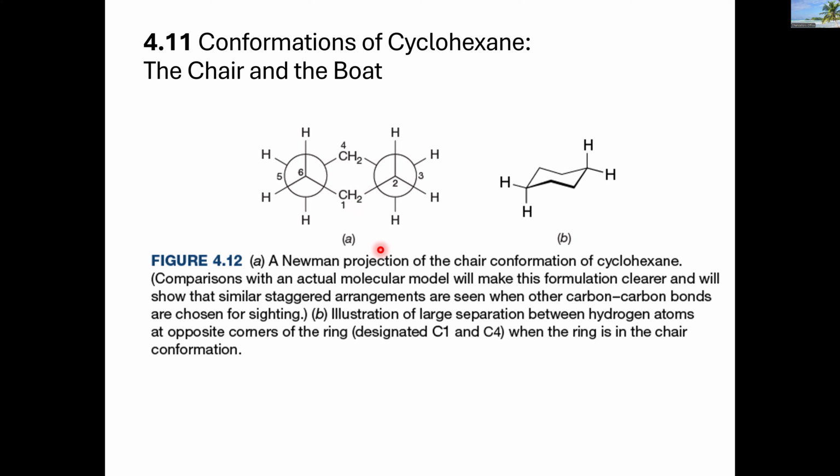You can see carbon 1, carbon 2. Carbon 2 is attached to carbon 3. Carbon 3 is attached to carbon 4. Carbon 4 is attached to carbon 5, and then carbon 6. You will notice that all of the atoms here are in staggered conformation, so there is no repulsion between atoms.